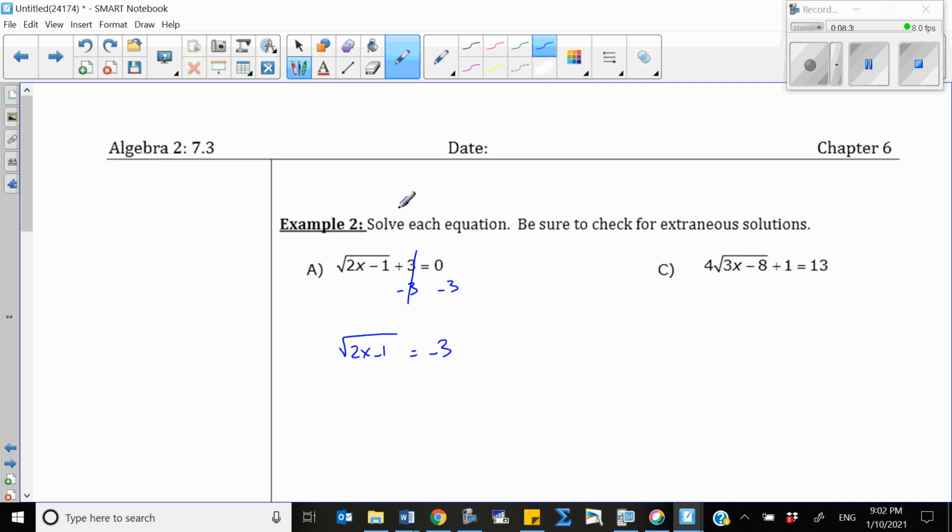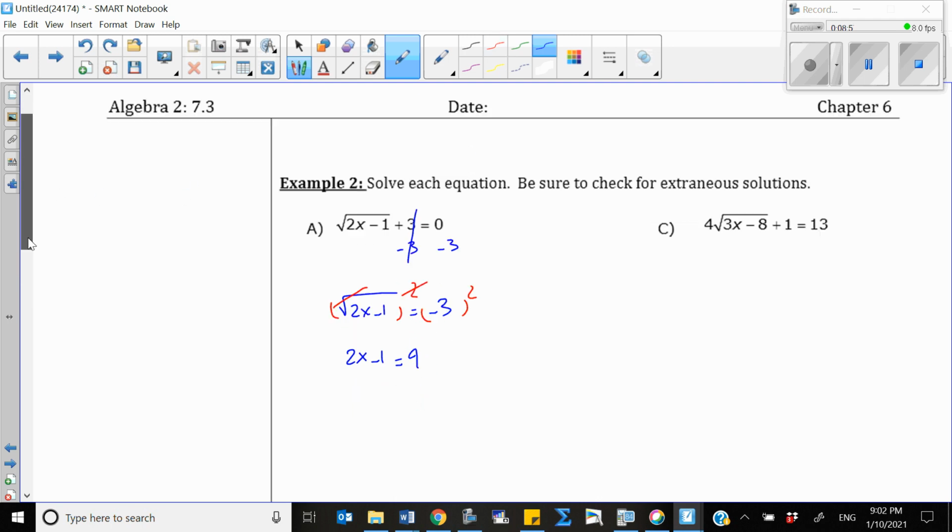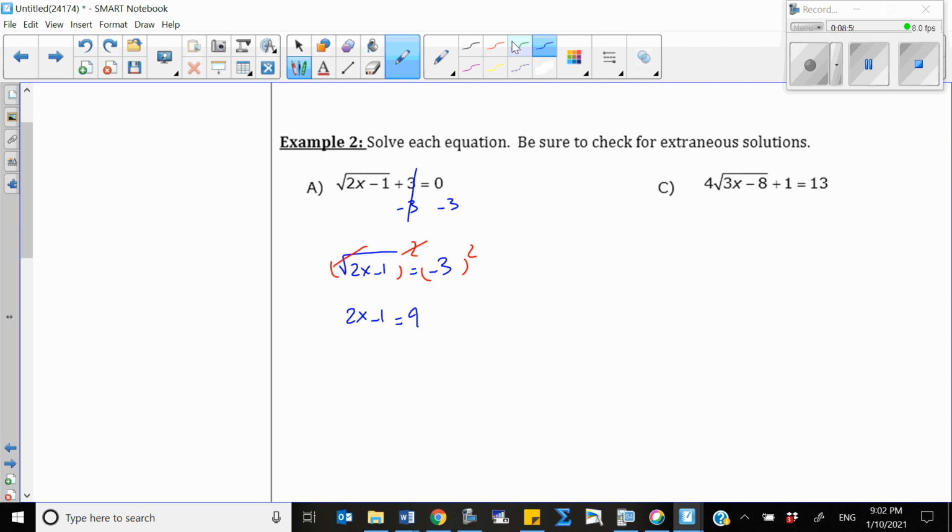The next step is to raise both sides to the power of 2.